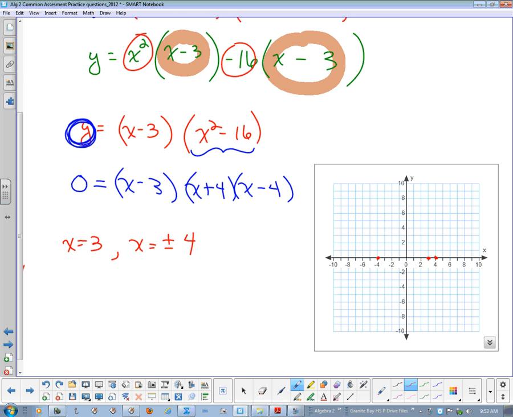Are any of these double roots? You remember what a double root is? If it were x minus 3 squared equals 0, this would be considered a double root because you get x equals 3 twice. So we don't have any double roots, so there's no bouncing.